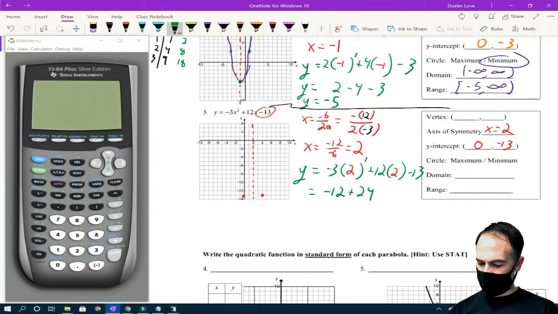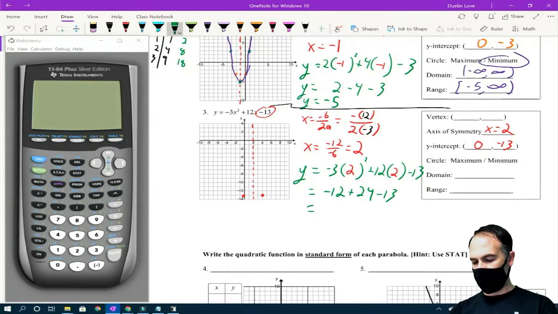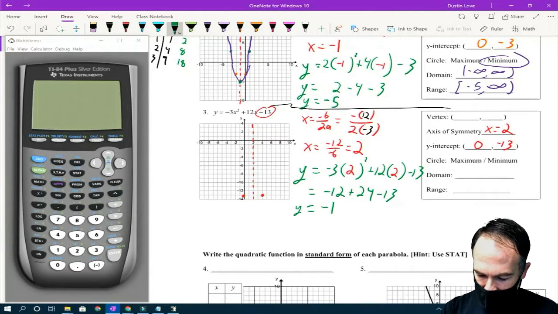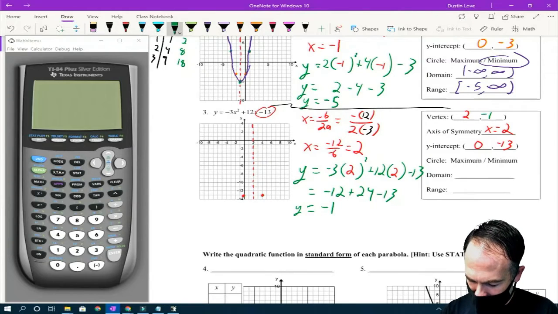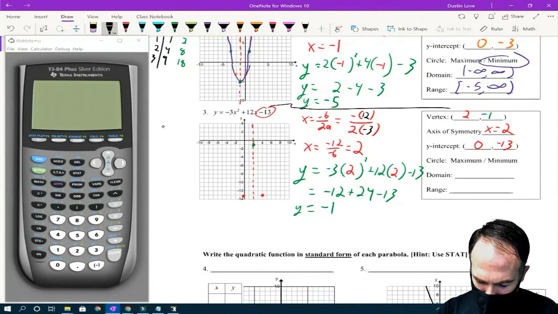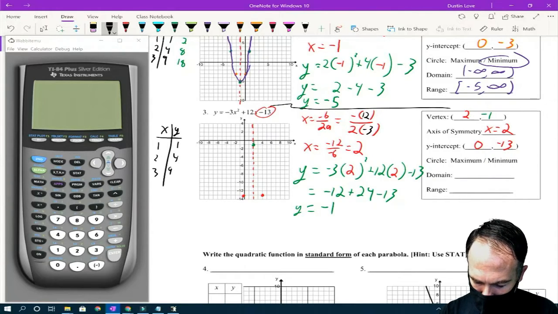And then -13 drops down. Well, -12 plus 24 is going to be +12. Minus 13 is -1. So we've got the point 2, -1. Let's go ahead and do the XY chart. 1, 1, 2, 4, 3, 9.